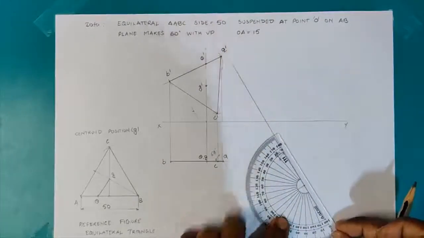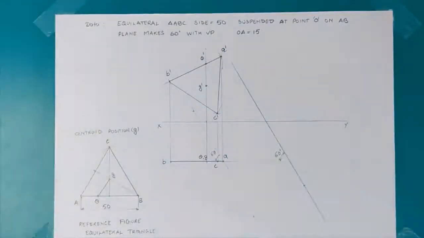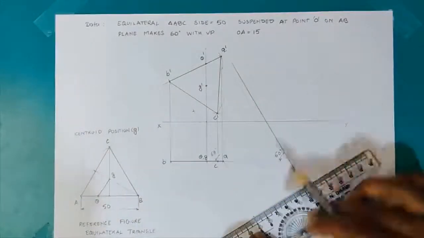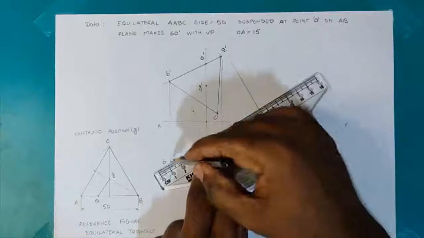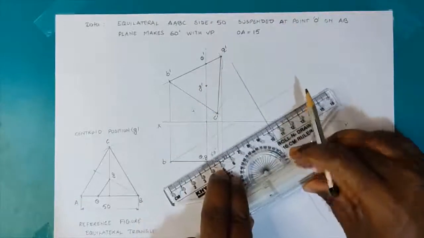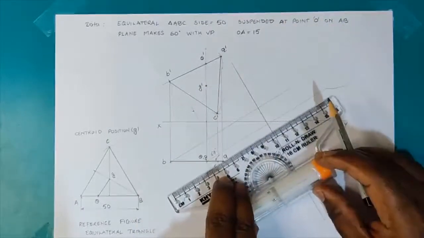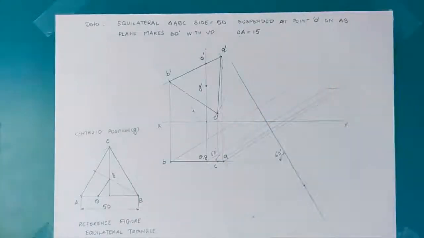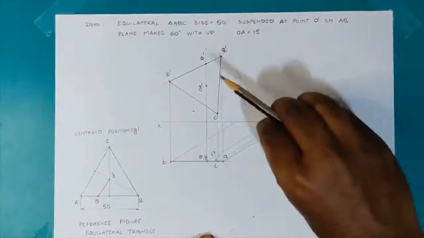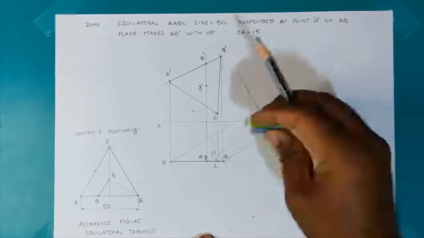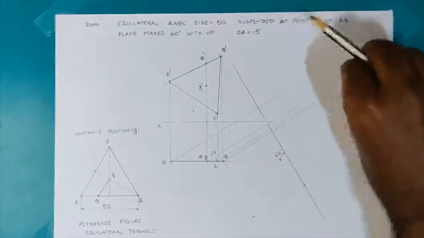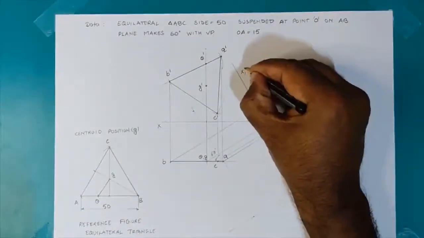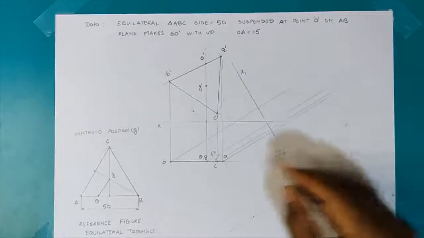On this auxiliary plane I construct a vertical like this, perpendicular to this auxiliary plane for reference, and I now draw projectors. So these projectors are perpendicular to the auxiliary plane which I have just drawn. So I have constructed the perpendicular first. So this is auxiliary plane x1, y1.